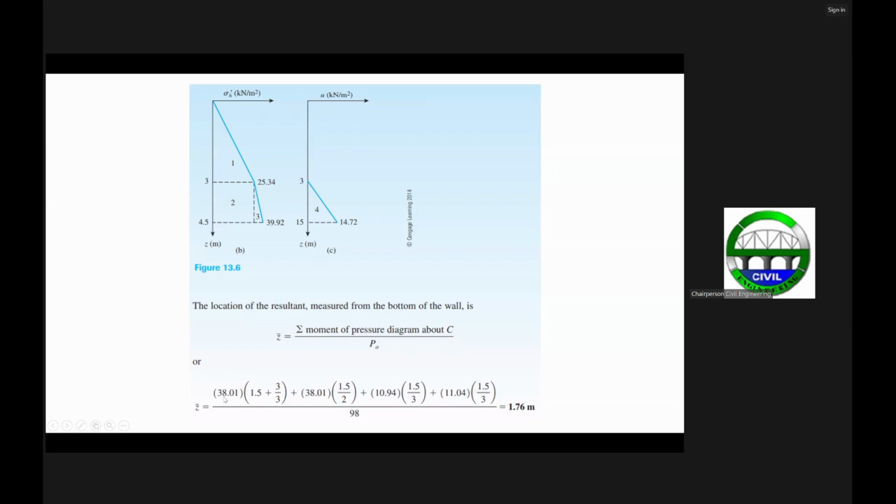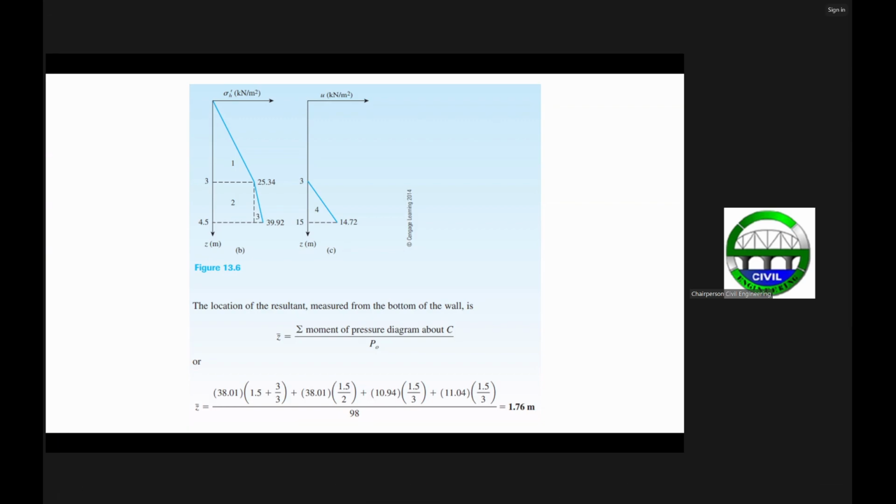The resultant force here is 38. Then the distance of that force from point C is 1.5 plus the centroid of this triangle, which is 1/3 of 3. That's the centroid of this force, which is 38.1 with respect to C.